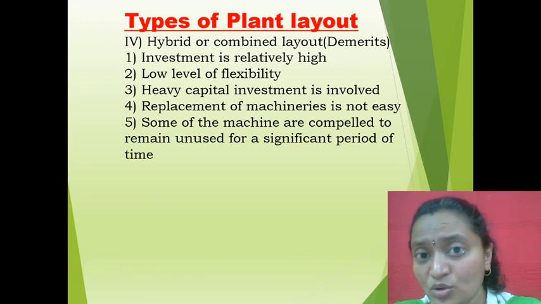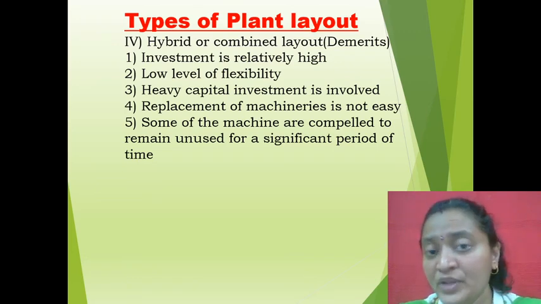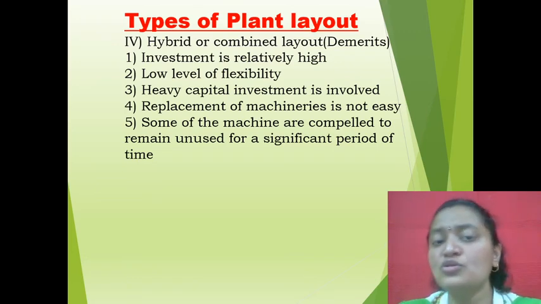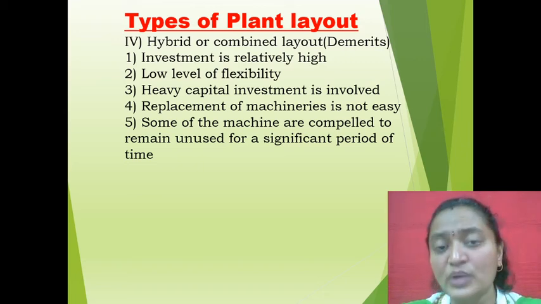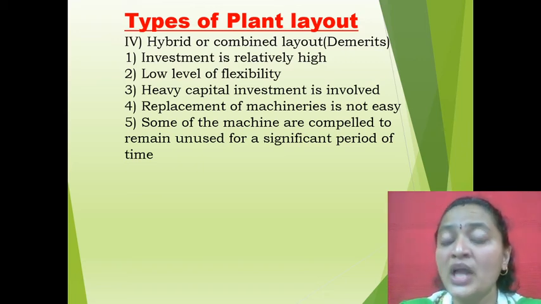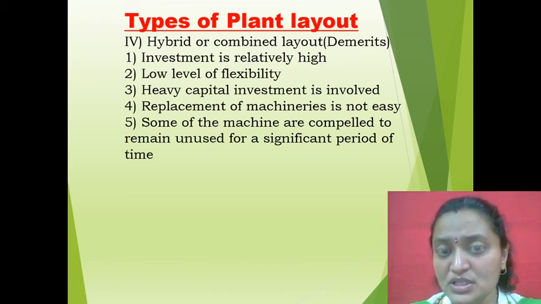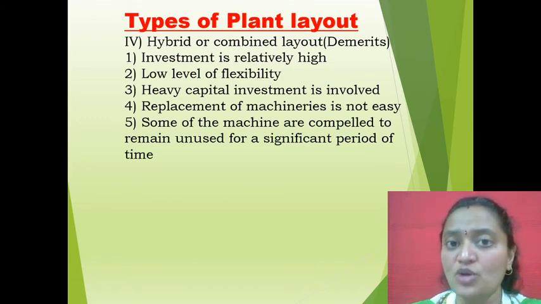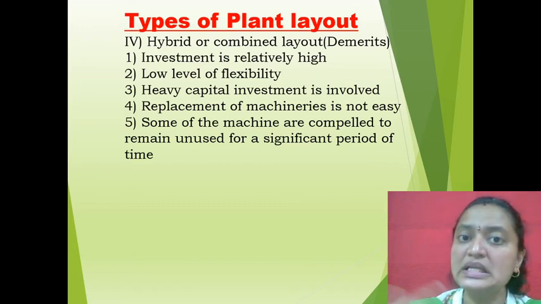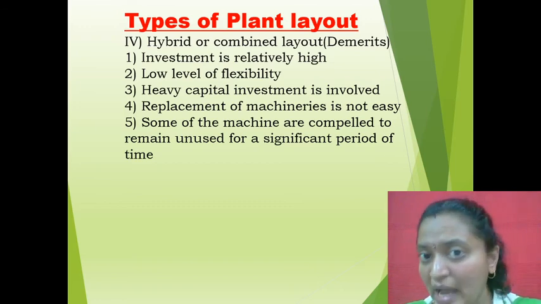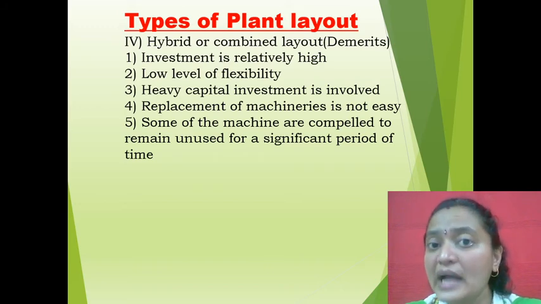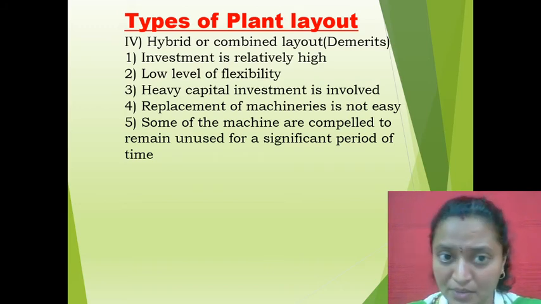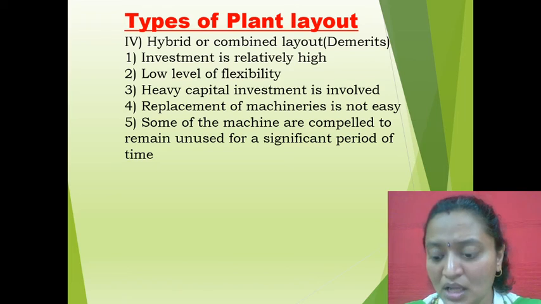But when we take the example of the new machine, the result was given quickly. The time duration means how much time is required to manufacture that particular product, and the result was given quickly. So that is one of the demerits of hybrid or combined layout.